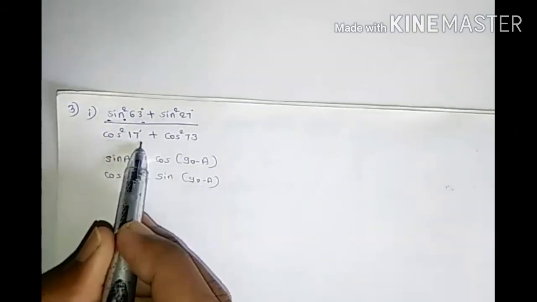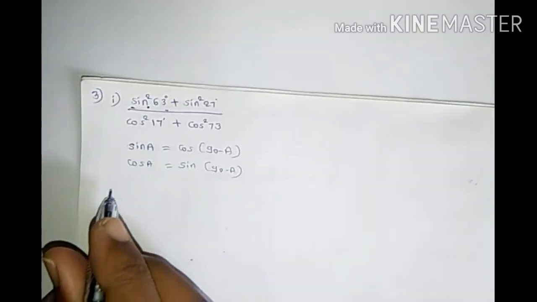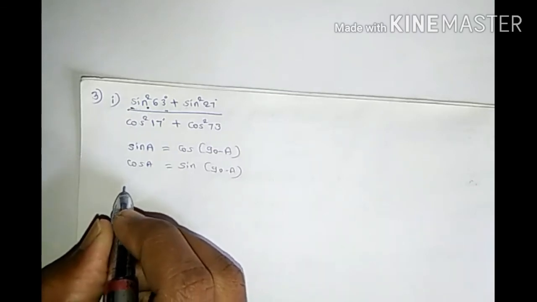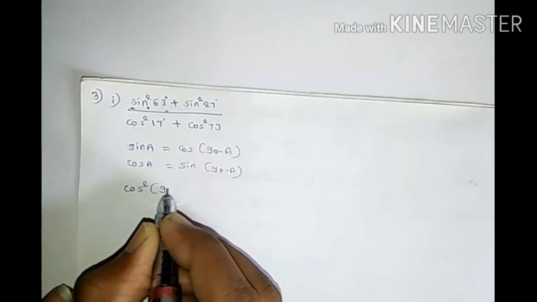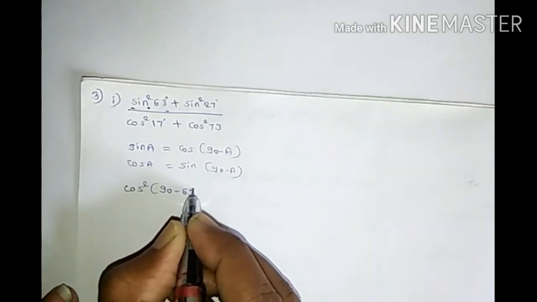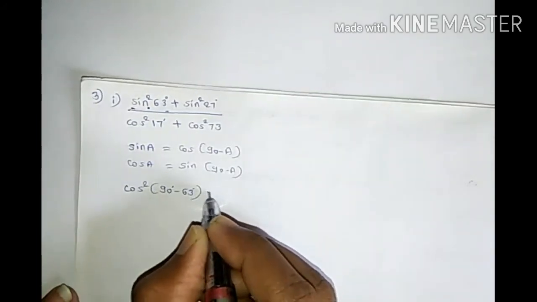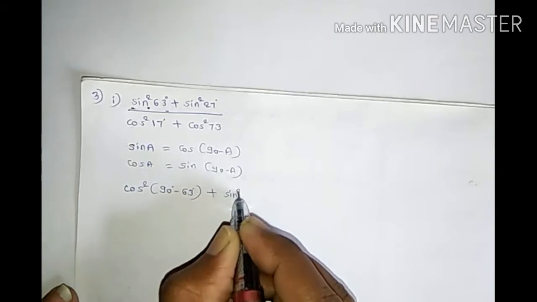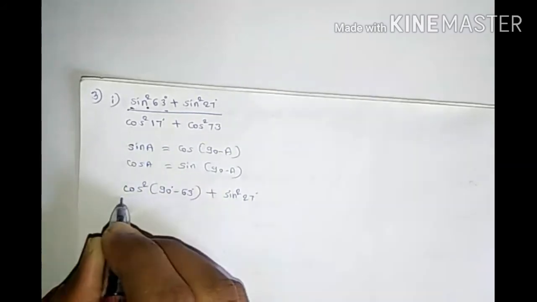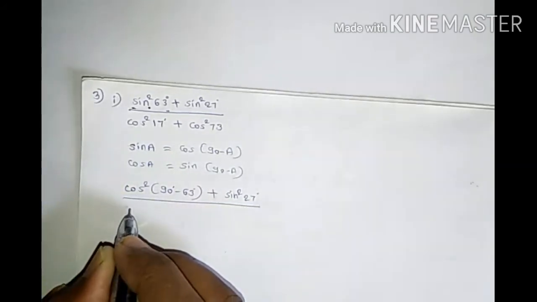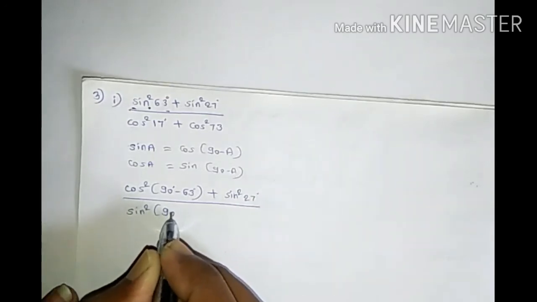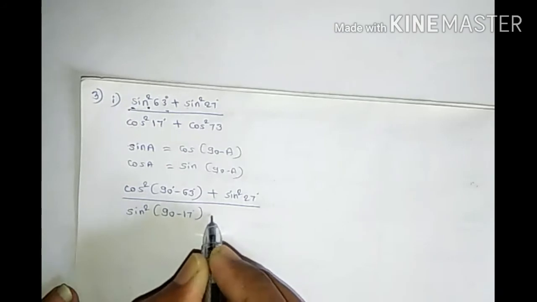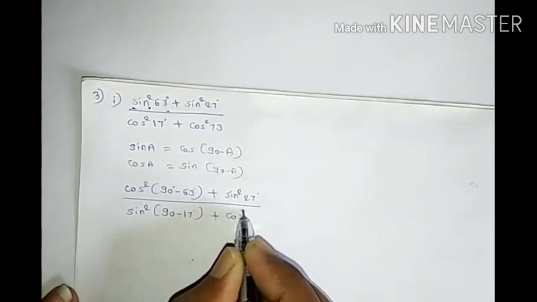Now we will change these two. In the place of sin square 63, we will write cos square (90 minus 63), remaining as it is, divided by, in the place of cos square 17, we will write sin square (90 minus 17) plus cos square 73.